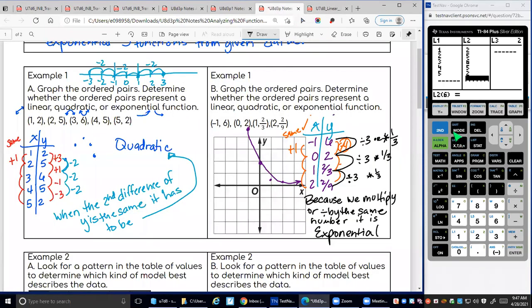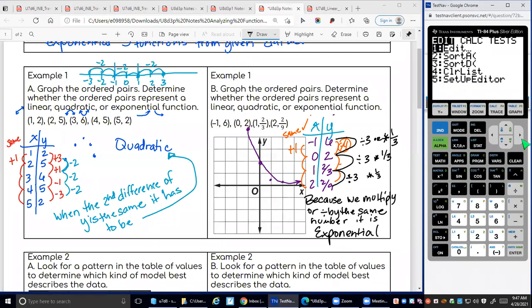So essentially what we want to do, once we have our table in, we select stat, calc, and if we think it's linear, we're going to hit 4. If we think it's quadratic, we hit 5. If you think it's exponential, don't use this, okay? So we think it was quadratic. Let's go to 5, calculate.